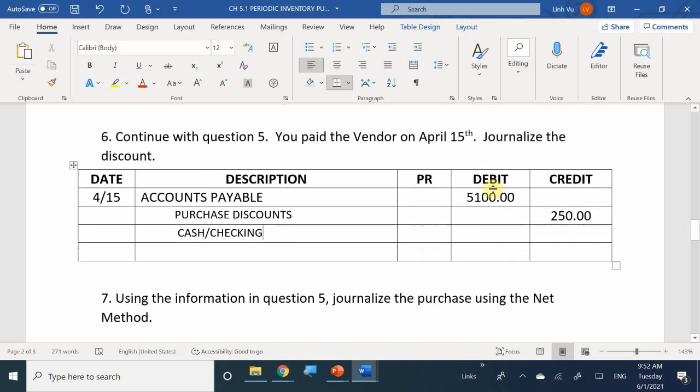However, like I've mentioned before, when we're making a payment to this vendor, you're not going to send them two separate checks, one for the freight and one for the actual discounted amount. You're just going to send them one whole check. So in this case, I'm taking away from my accounts payable. This purchase discount is taken away from my purchase expense.